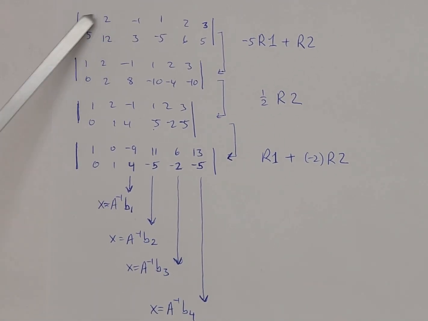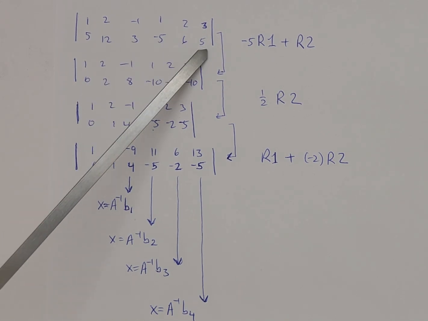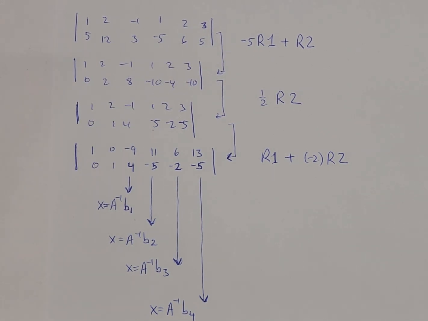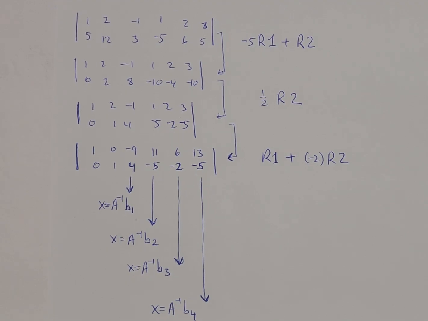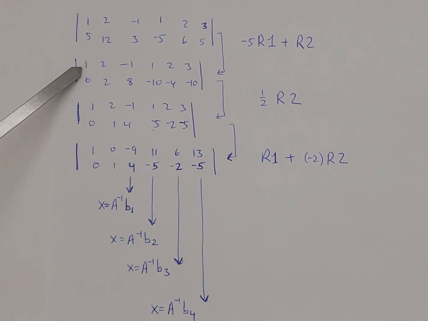So this right here is our A. This is B1, B2, B3, B4. And if you remember doing row operations, if this is a 1, just leave it alone. If it's not a 1, multiply by the reciprocal. If there is a negative, don't forget to put another negative so it will become a positive 1.